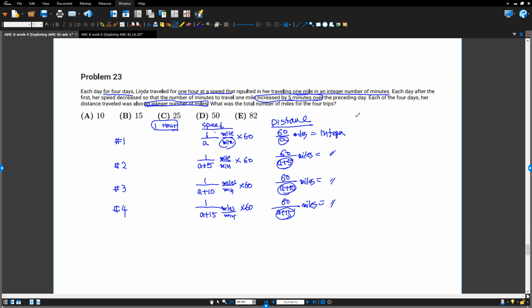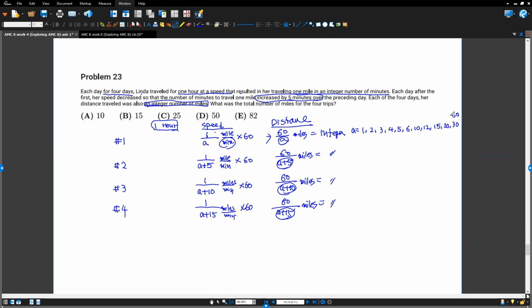What are the divisors of 60? It can be 1, 2, 3, 4, 5, 6, 10, 12, 15, 20, and 30, up to 60. Are you okay with this? Those are the factors of 60.